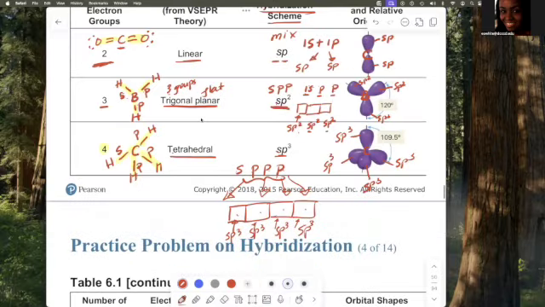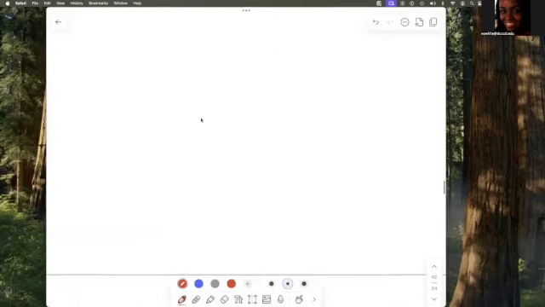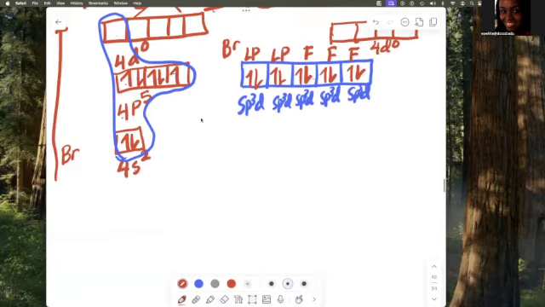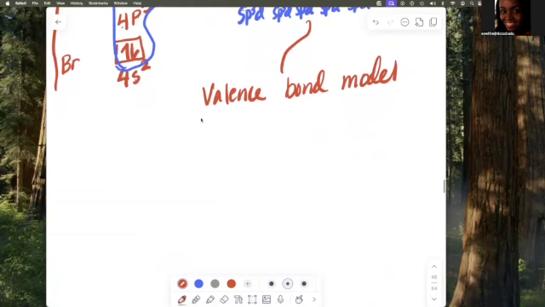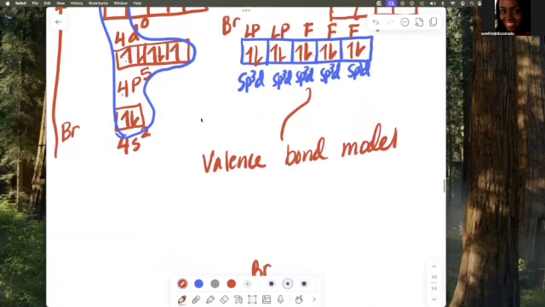So from here, since I made it this far, let me go ahead and draw the valence bond model. Based on this, bromine will be in the middle, surrounded by 5 hybrid lobes.